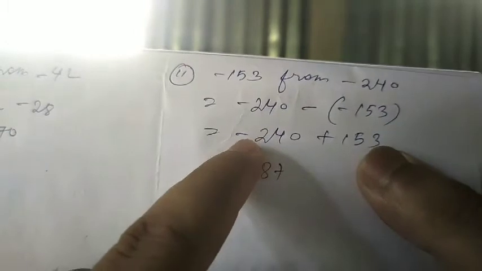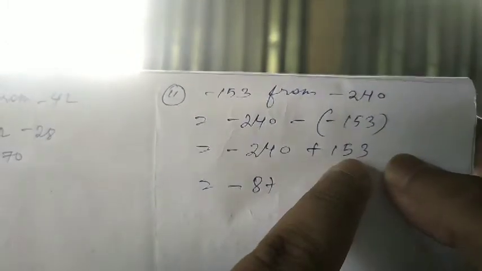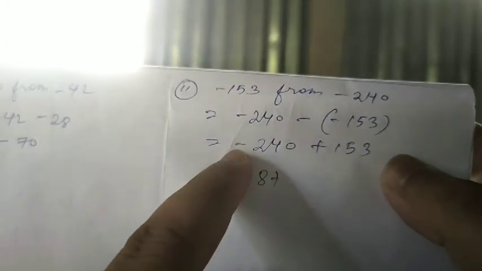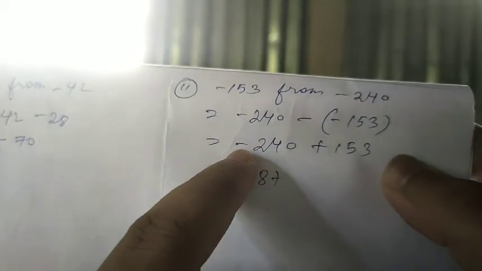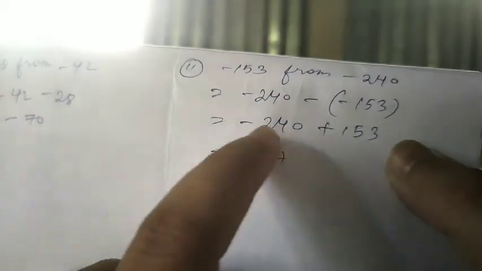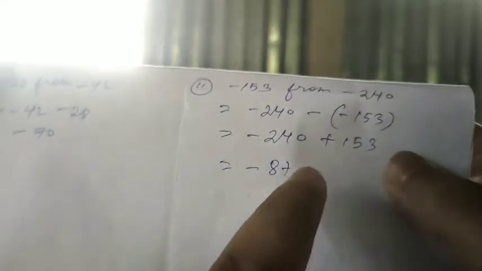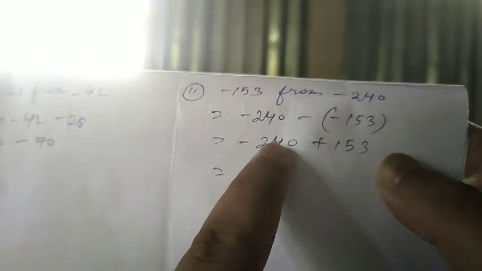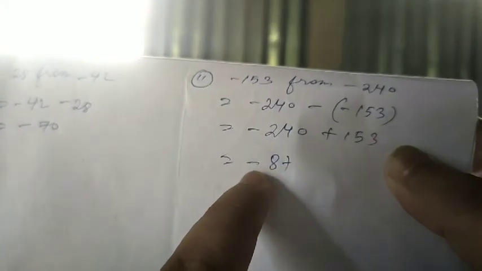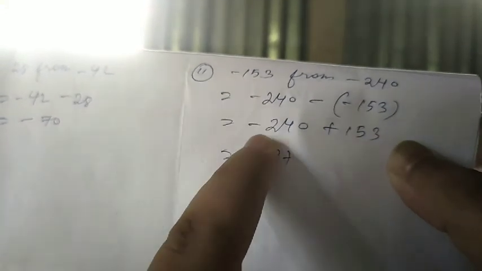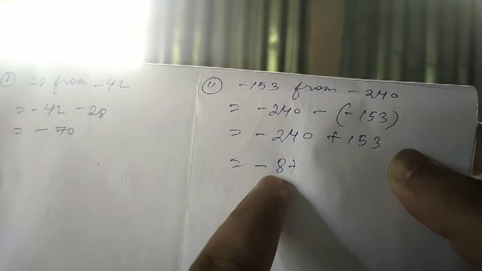So here minus 240 plus 153. When there are two numbers with different signs, one negative, one positive, we have to do subtraction. So 240 minus 153 gives us 87, but as 240 is bigger, we have to give the sign of 240, so it is a minus sign.